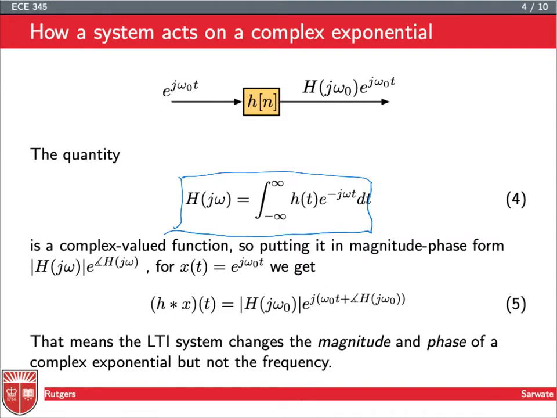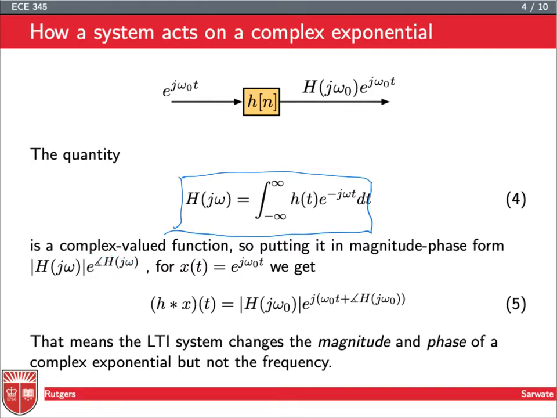But in any case, this number H of j omega, plugging in omega naught over here, is a complex value. This H of j omega is a complex valued function, so we can put it in magnitude phase form. We can write it as the magnitude of H of j omega times e to the j phase of H of j omega.